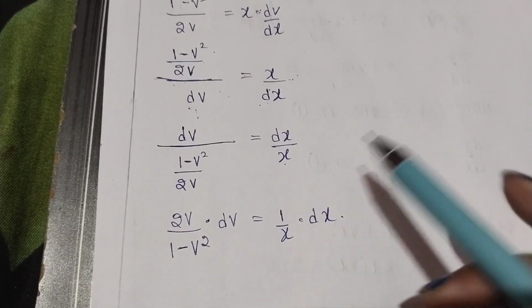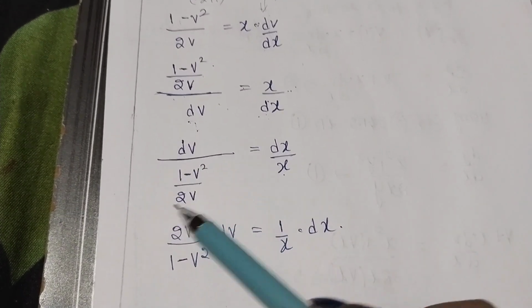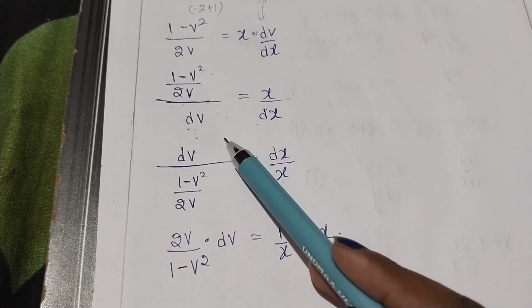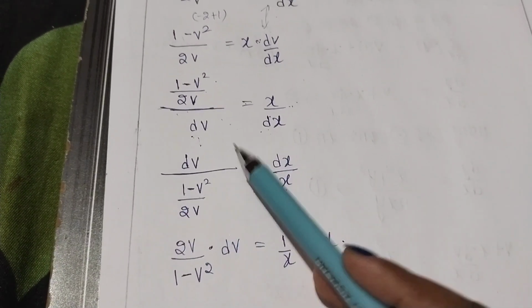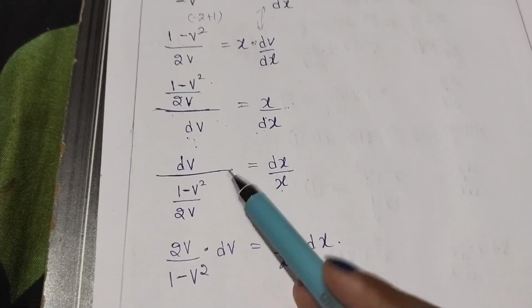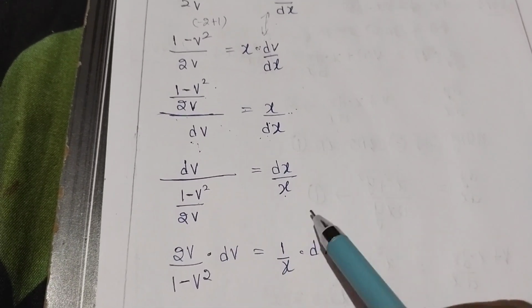So now as we can see this term here, I'm just again sending it to the numerator. When this goes to the numerator, we take the reciprocal again, so that becomes 2v divided by (1 minus v square) into dv.